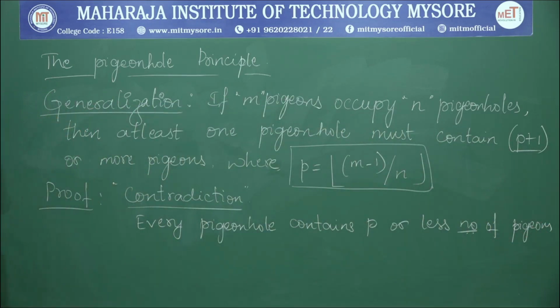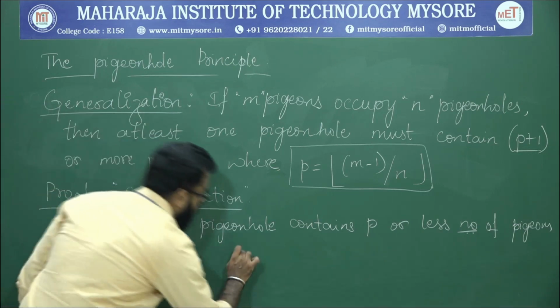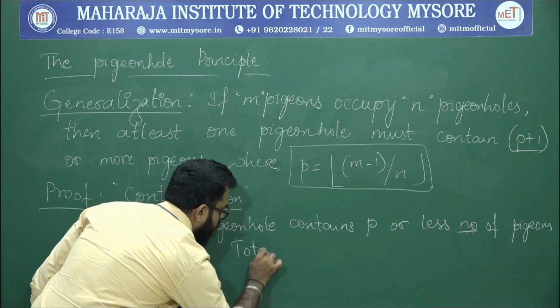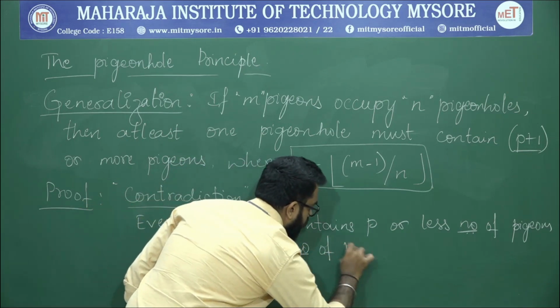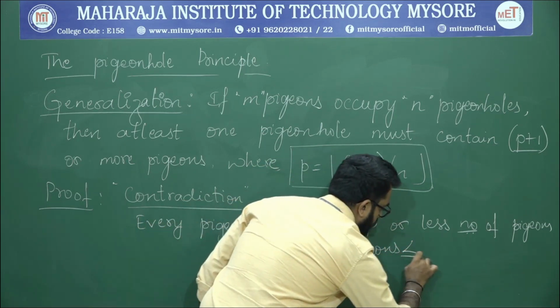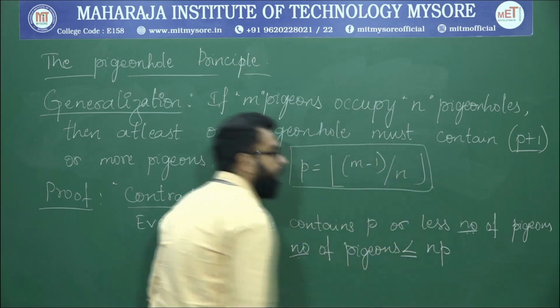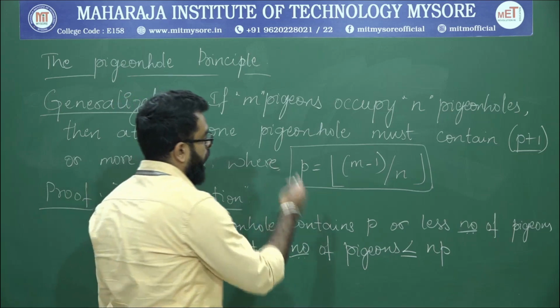Then what is the total number of pigeons? The total number of pigeons will be less than or equal to n times p. What is n? It is the total number of pigeonholes, and p is given by this.